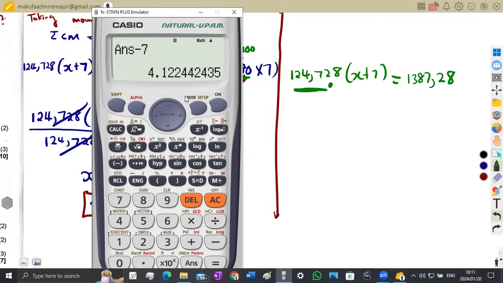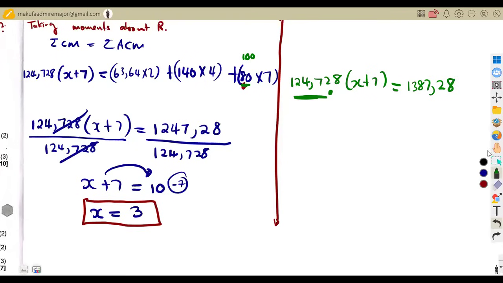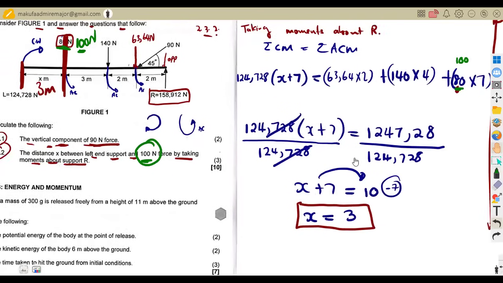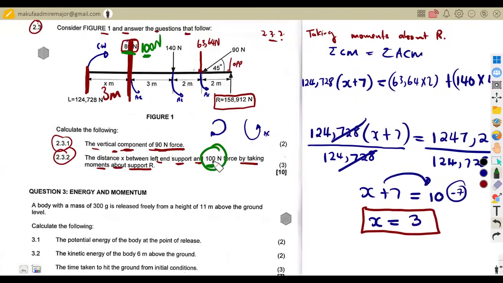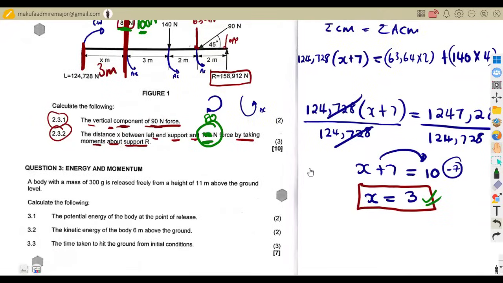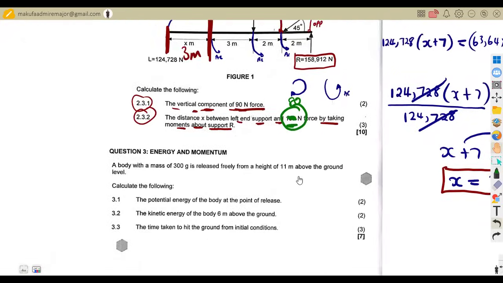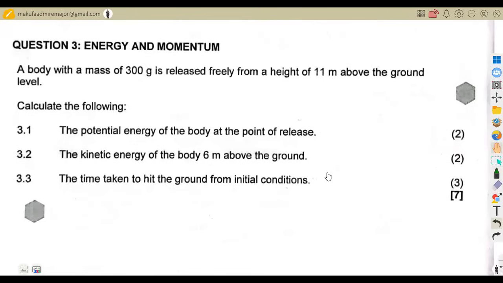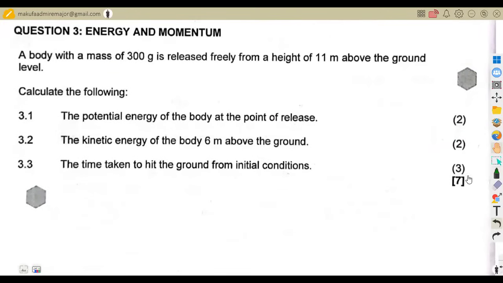So if you used 100, your answer was going to be 4.122. If you take a closer look, it shows us that the higher chance of the error was on this one; it was supposed to be 80 Newton. As you can see, the answer for 80 Newton is an exact value. So we do not know where the error was, or whether you were given free marks there or not. But there was an error in the presentation.